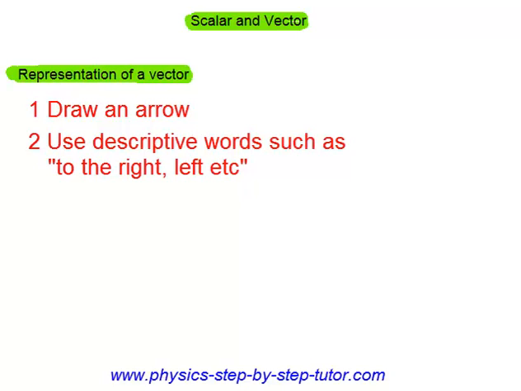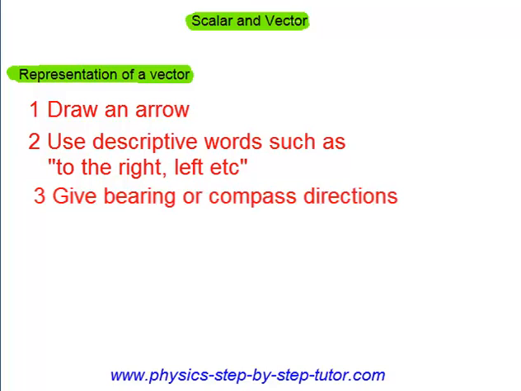Another method is to give the bearing of the vector. You could even say something like, this vector acts in the southward direction, northeast direction, and so forth. That is, you could give compass directions.